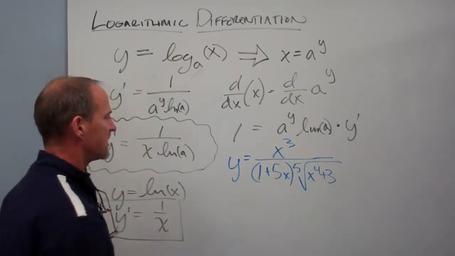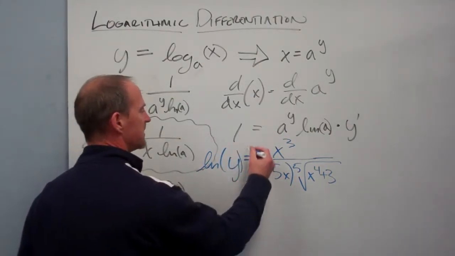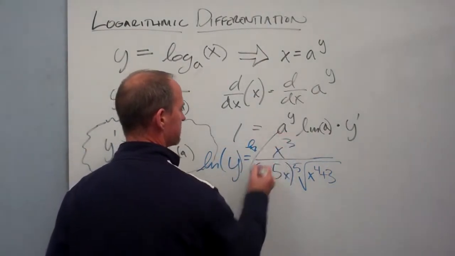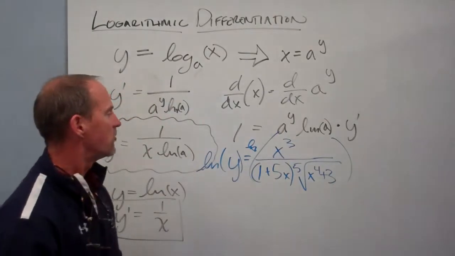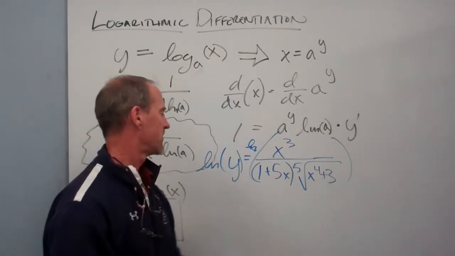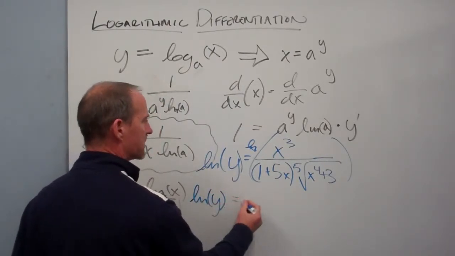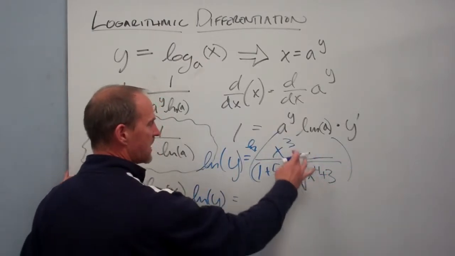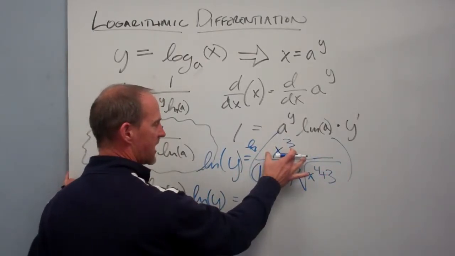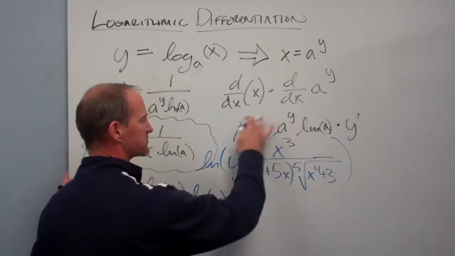What we do is take the log of both sides: ln of this side, ln of this side. Then we've got those laws of logarithms that allow us to break this apart. On this side, we've just got the ln of y, but on this side, I've got the ln of the top minus the ln of the bottom. And remember, every exponent we can bring out front.